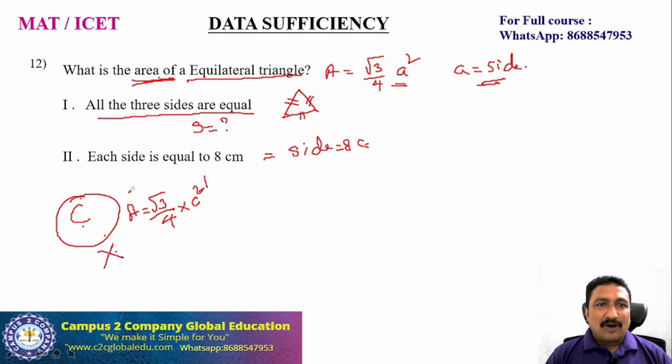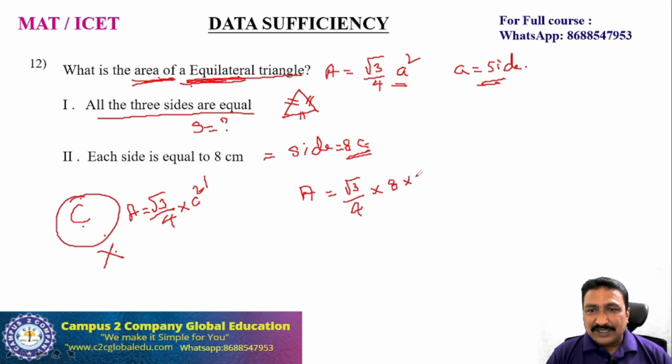Why? Because already they said it is an equilateral triangle. So when it is an equilateral triangle, we require the side value. So already from the second statement, we know the side. Side is equal to 8 centimeters. By using the side, we can find the area is equal to root 3 by 4 into 8 into 8, because area is equal to root 3 by 4 a square.